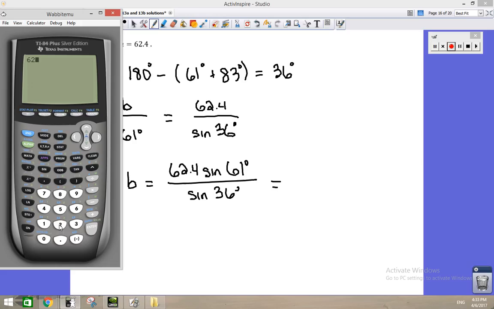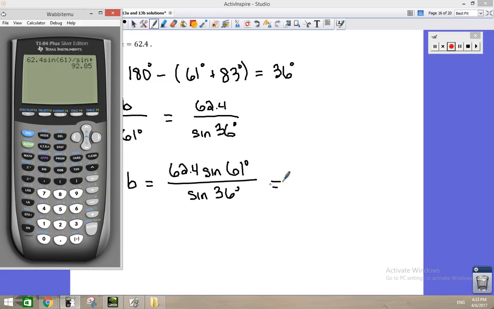When I key in values like times the sine of 61 divided by, I don't want to take the sine of a fraction, so I have to remember to close that off and then hit the division key and take the sine of 36 degrees. The very last parenthesis is very forgiving. I'll close it anyway, and then the calculator would have closed it for me.